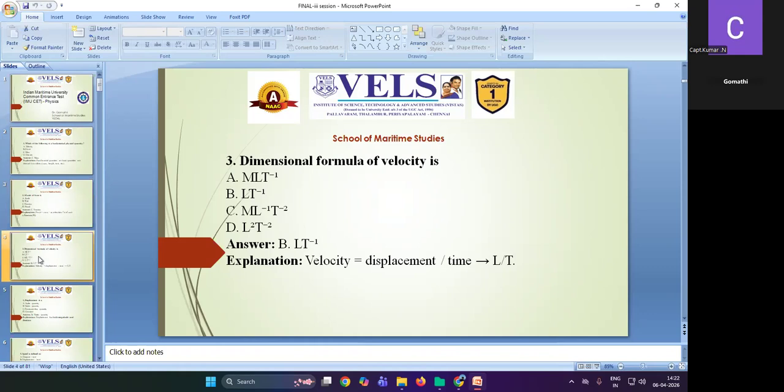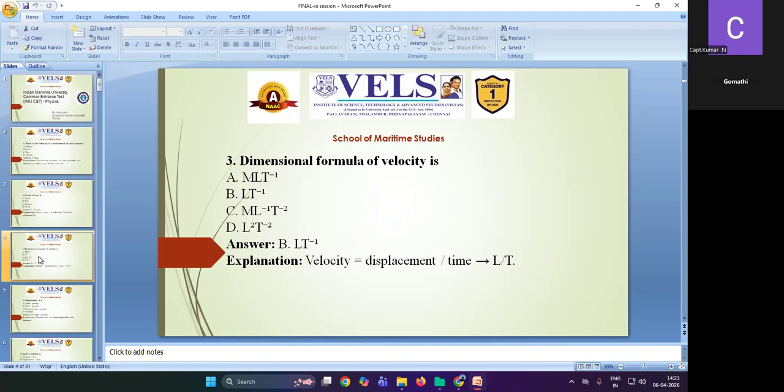The next question is the dimensional formula of velocity. How can we define velocity? Velocity is the rate of change of displacement. Simply, velocity is displacement by time.